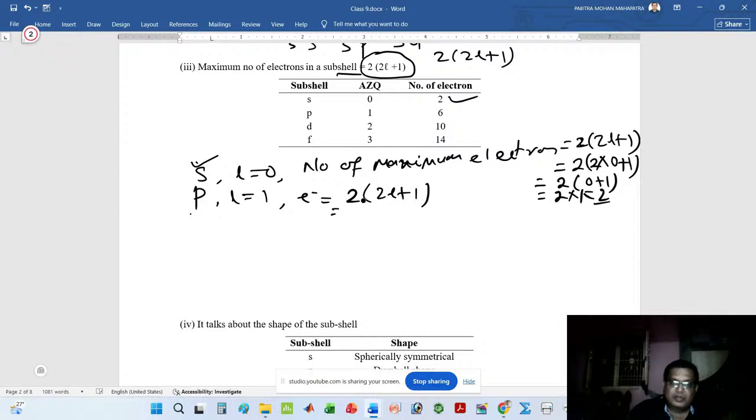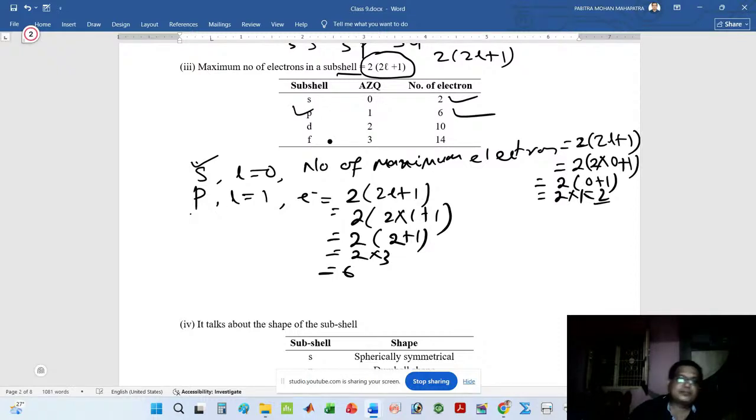Now put L equal to 1 here: 2 into (2 into 1 plus 1). Next, 2 into (2 plus 1), that means 2 into 3, that is 6. So the maximum number of electrons in the P subcell is 6.